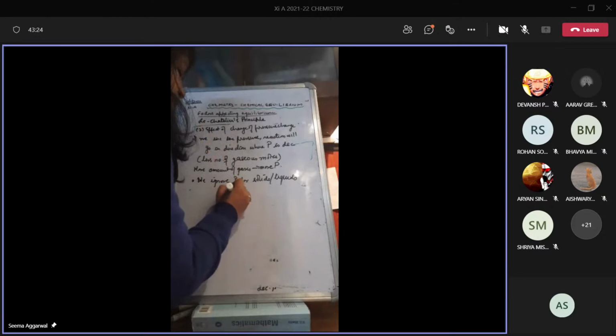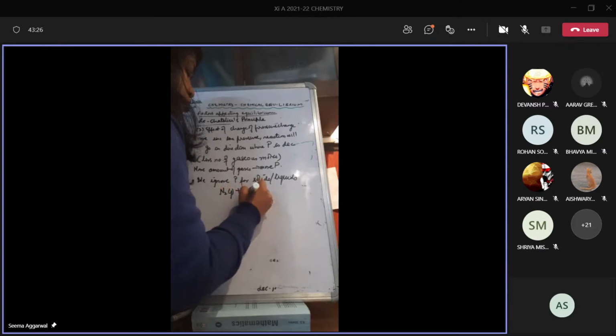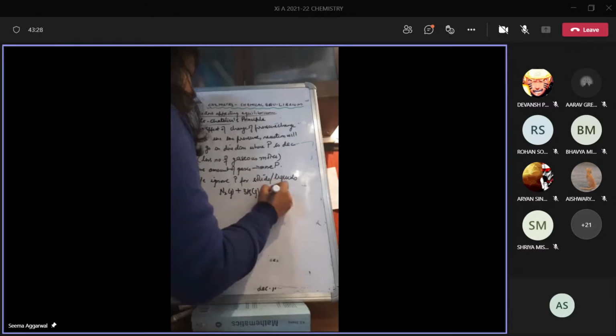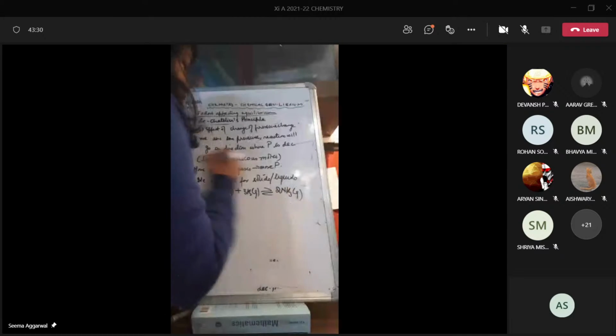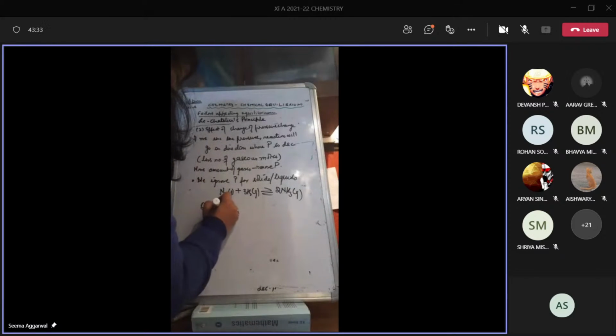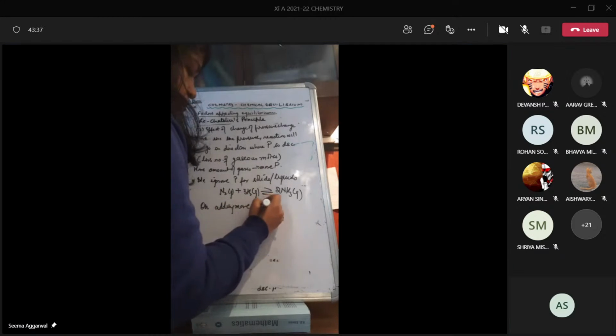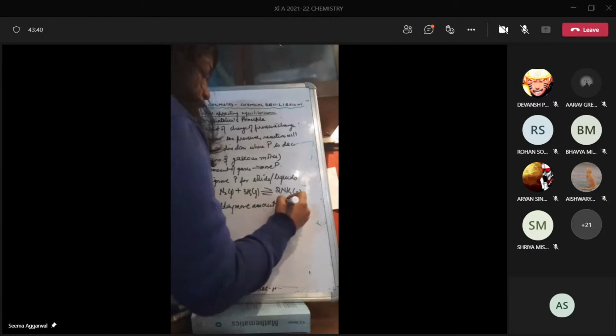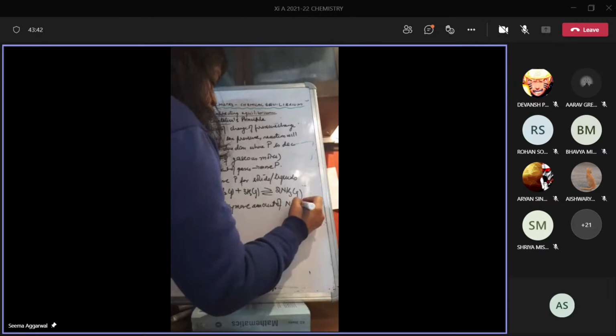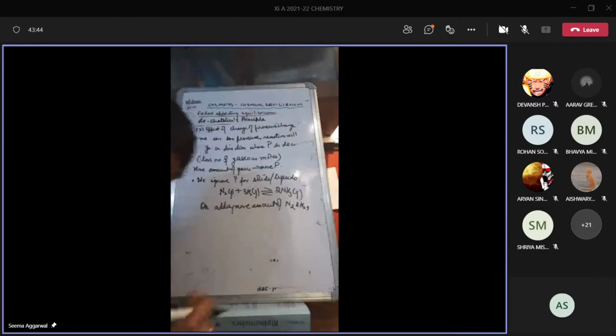Now, suppose I am taking the Haber process, N2 plus 3H2 gas gives 2 NH3 gas. On adding more amount of N2 and H2, what will be the direction of the reaction at equilibrium?